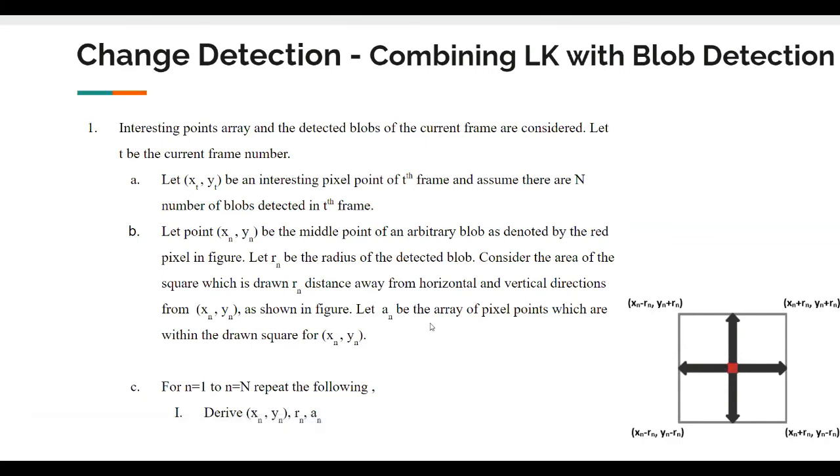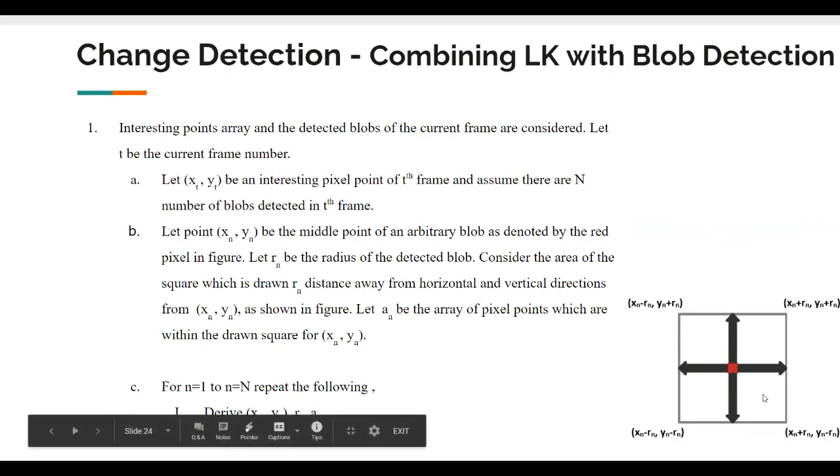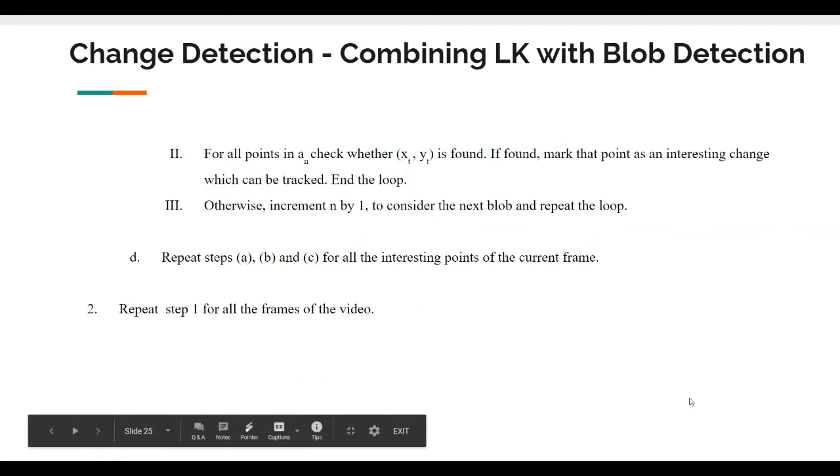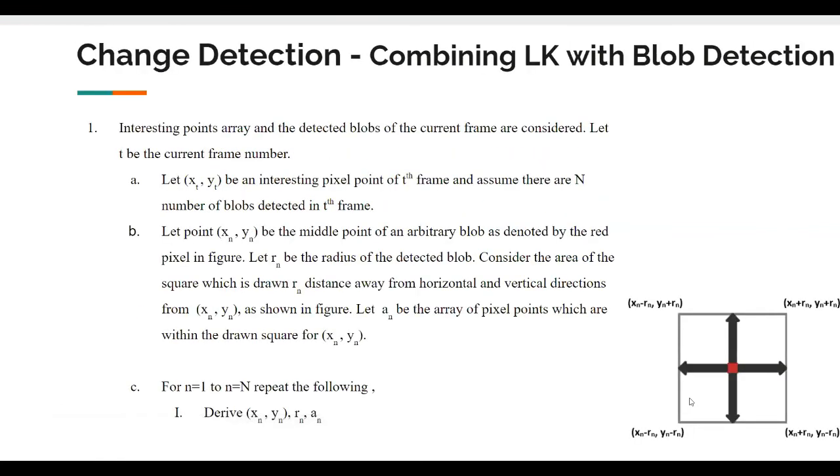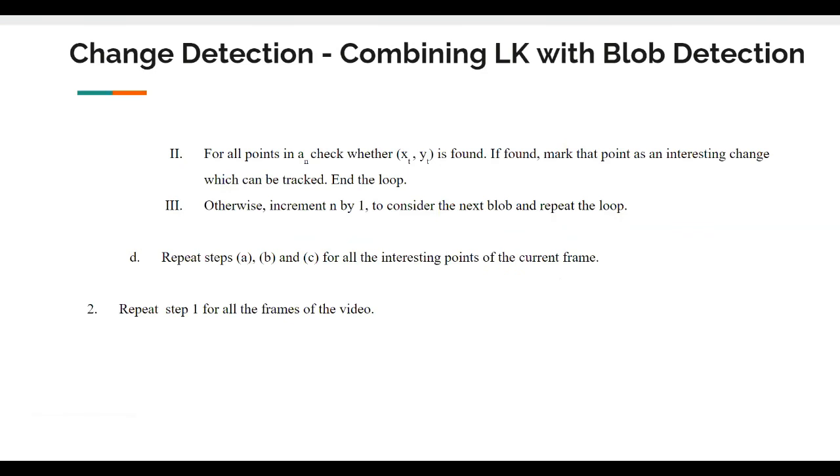And we define An, the array of pixel points which lie within the square around xn and yn. For each point in the square, we check whether that interesting point is found. If so, then we mark that as a change. Otherwise, we increment and consider the next blob. These steps are repeated for all the frames in the video.